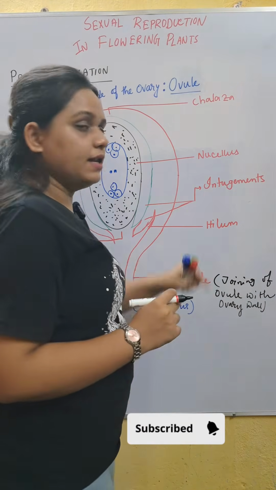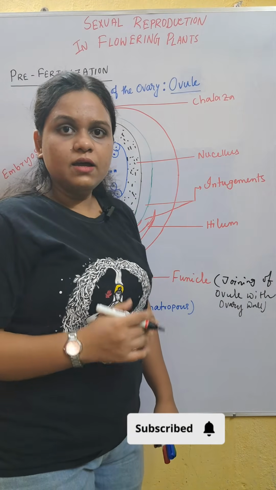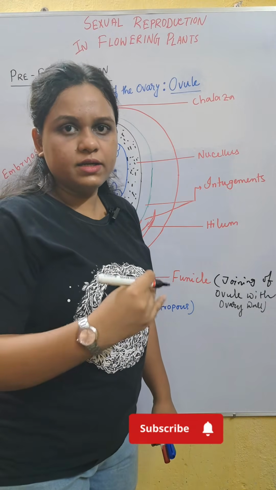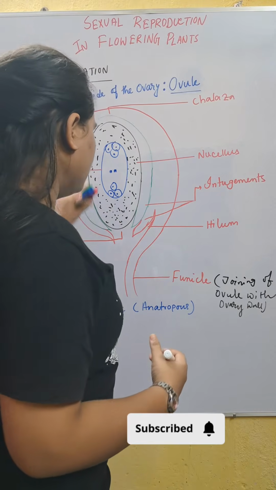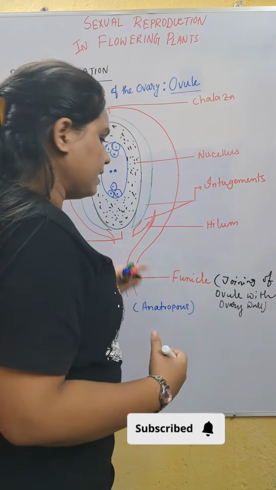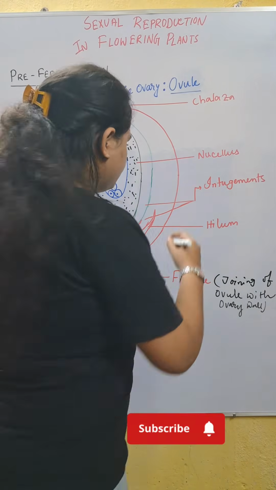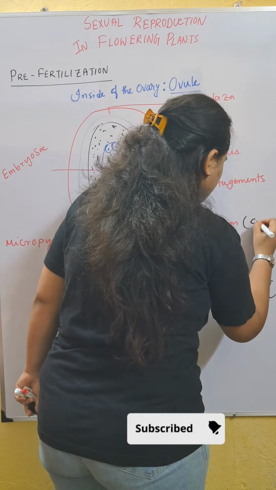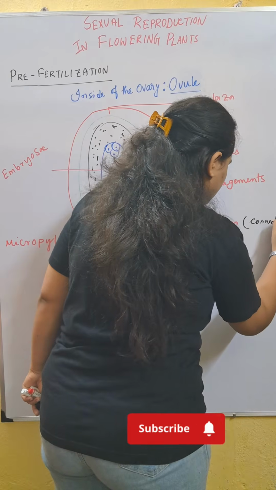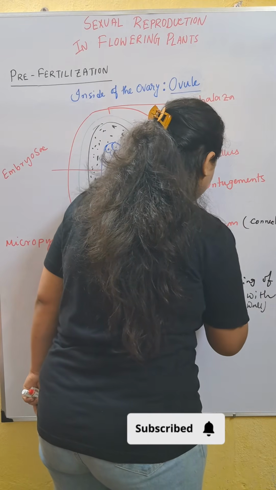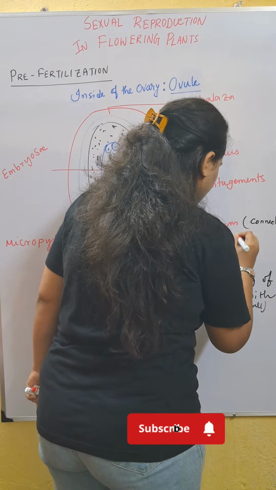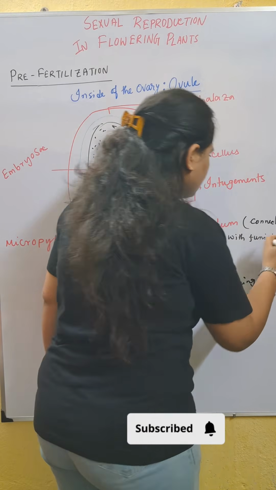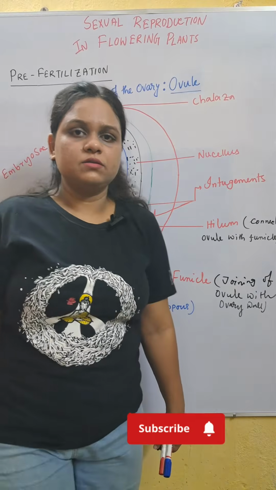Next is the hilum. The hilum is the connecting part or the joint between the ovule and the funicle. Next, integuments.